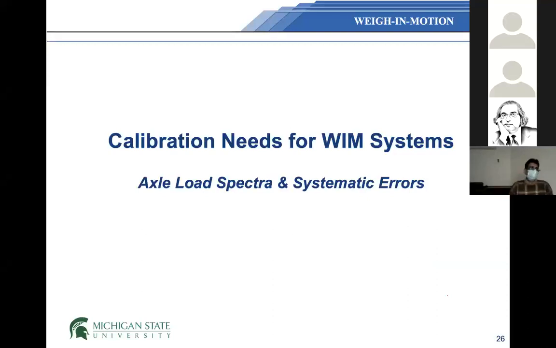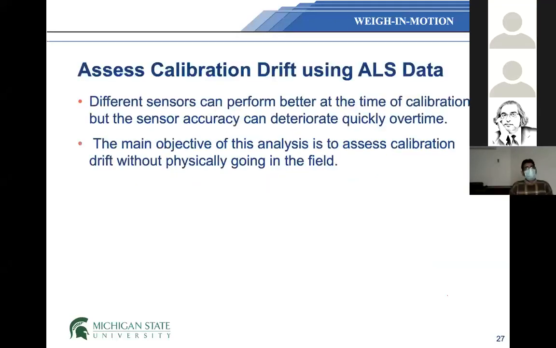Just by monitoring the axle load spectra, I should be able to identify whether there is a need for calibration or not. So that's what we are doing here. We want to develop a model to see calibration drift based on the load spectra. That means you don't have to do the calibration. If you have the load spectra data, we can look at the shift of the load spectra, and that can tell us that your sensor needs calibration.